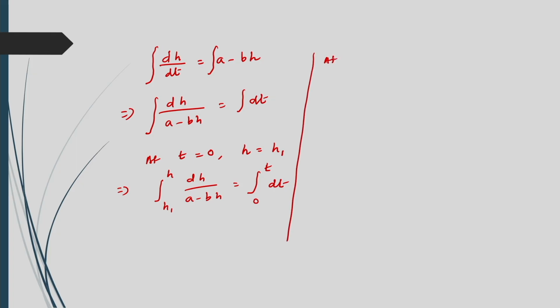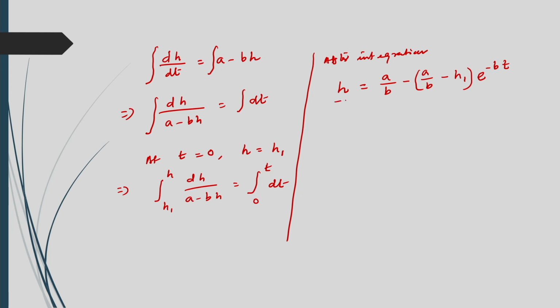After integration within this limit and after simplification, H will be equal to A by B minus (A by B minus H1) into e to the power minus B into T. So, this will be the solution of this integration.